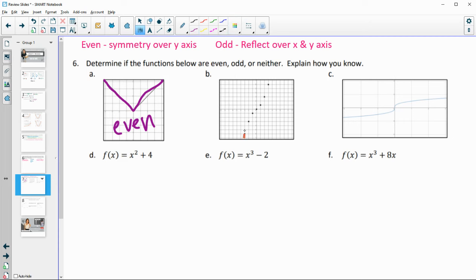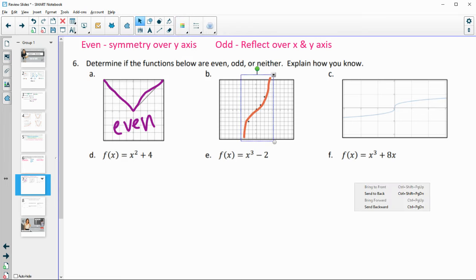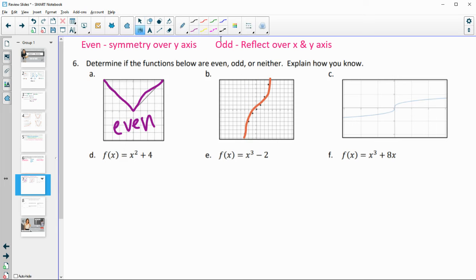Next one, if I draw in these points just so we have a visual, let's flip it over the y-axis, and then flip it over the x-axis, which would be up and down. It lands back on itself after reflecting over both. So this one is odd symmetry.